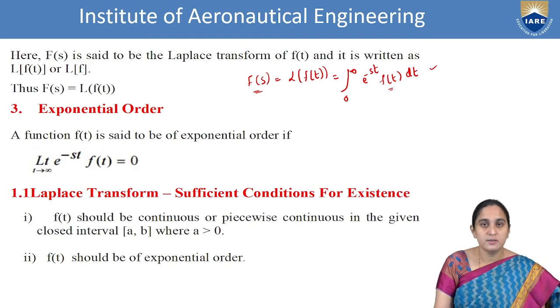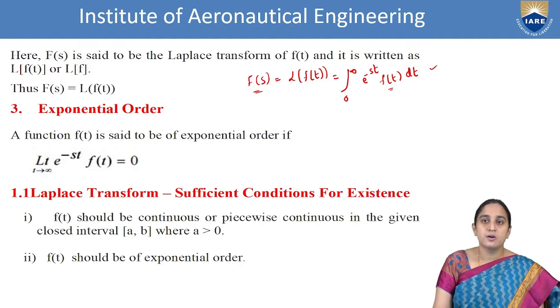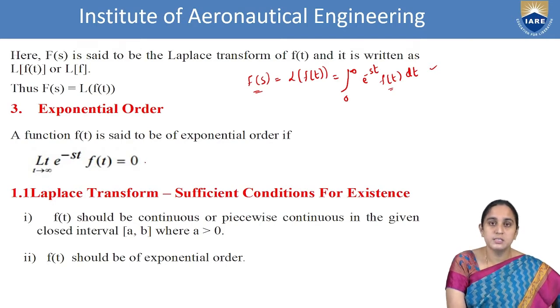Next one, exponential order. A function f of t is said to be of exponential order if the limit as t tends to infinity of e power minus st into f of t is 0.